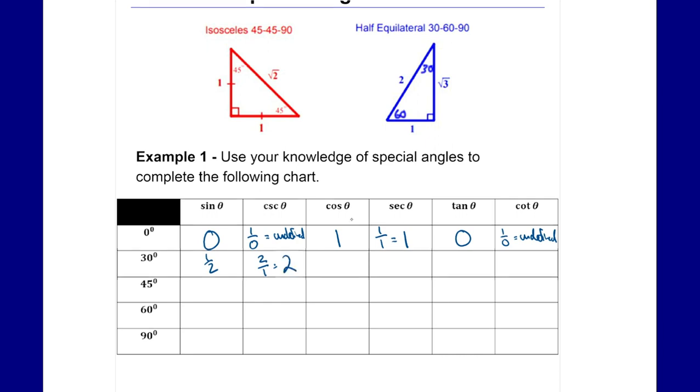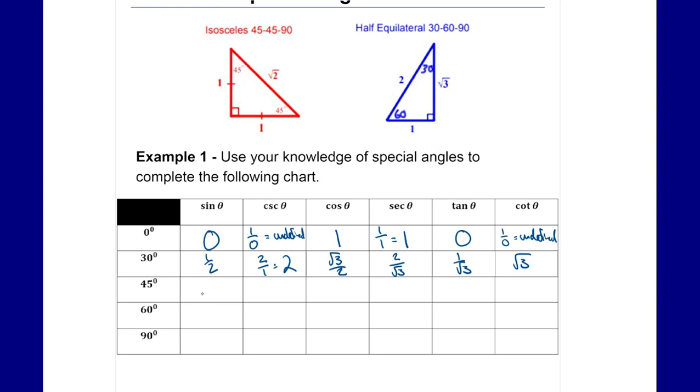For cosine of 30 degrees, adjacent over hypotenuse, root 3 over 2. And for the secant, it's going to be the reciprocal, or 2 over root 3. Tan is going to be opposite over adjacent, or 1 over root 3. And the cotangent, the reciprocal of tan, is root 3 over 1, or just root 3.